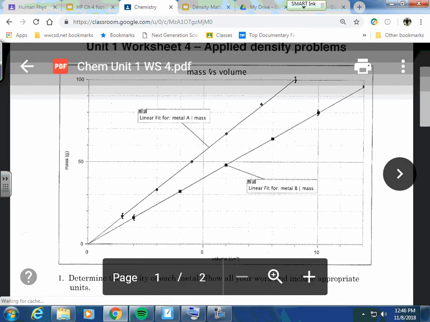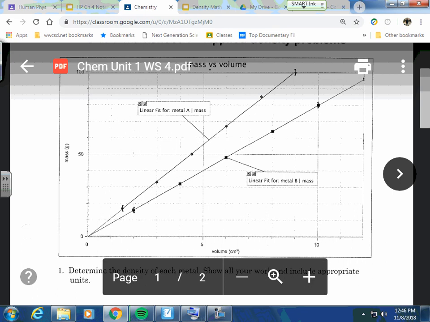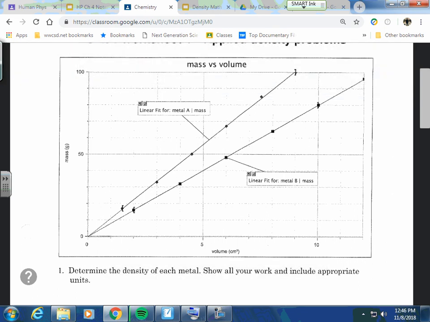All right. So what we have is two substances. We have metal A, which is the top line, and metal B, which is the lower line. Which one has a higher density? A. How do you know? Which slope is steeper, the red one or the blue one?